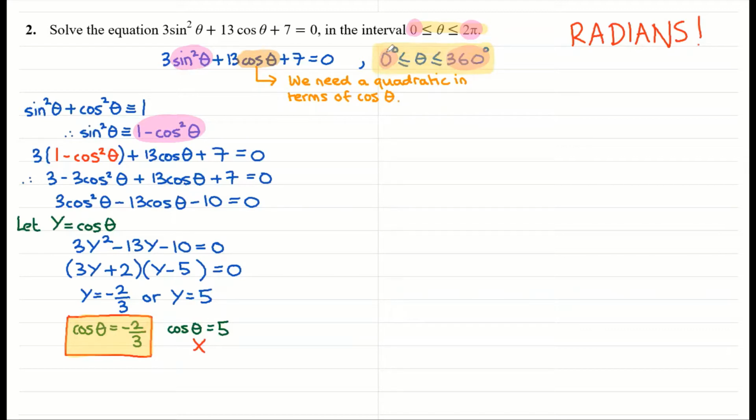All right, so let's do that on the other side of the page. So we're now asked to solve cos theta equals negative 2 over 3 in the interval 0 up to and including 360 degrees.